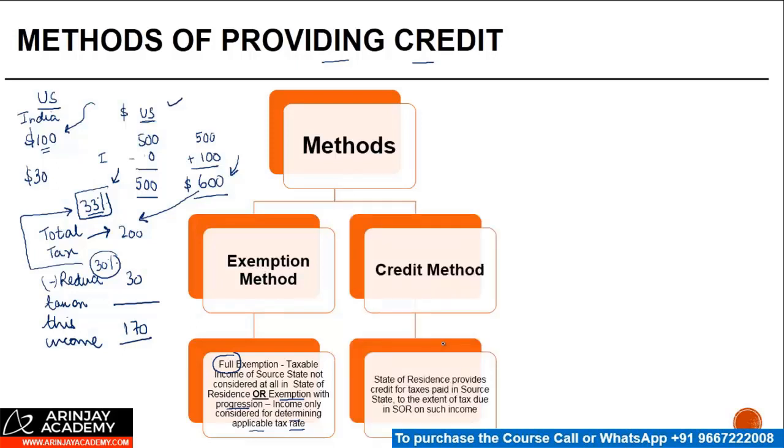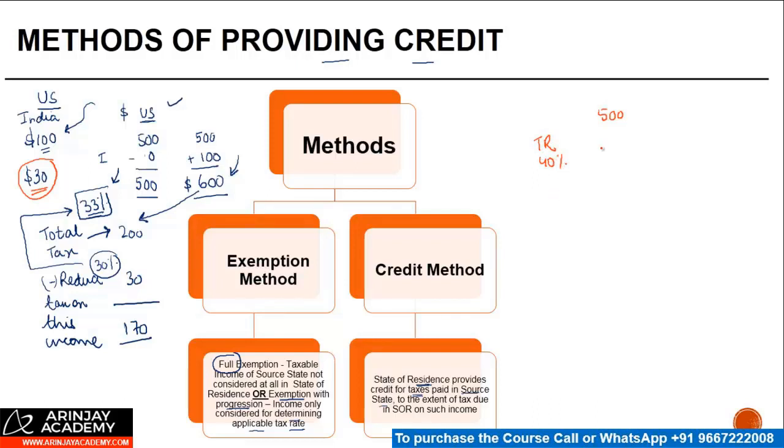In case of the credit method, the state of residence provides credit for taxes paid in the source state. So continuing with this very example, the taxes which were paid in India were $30. Now let's say on this $500, the tax rate in the US were 40%.